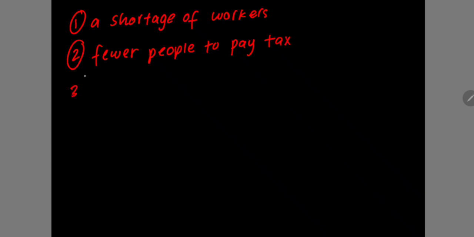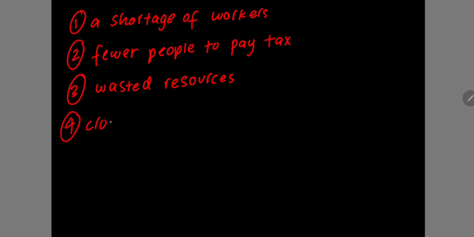And there's going to be wasted resources, such as a lot of food and water going to waste, and the closure of services. For example, there are a lot of schools and hospitals that are quite literally abandoned because no one uses them, because there are not enough people to use them.